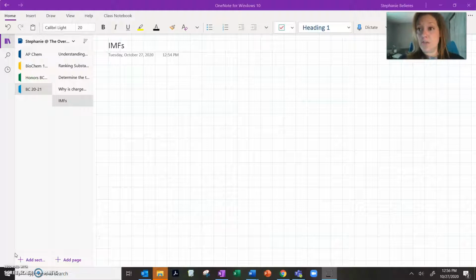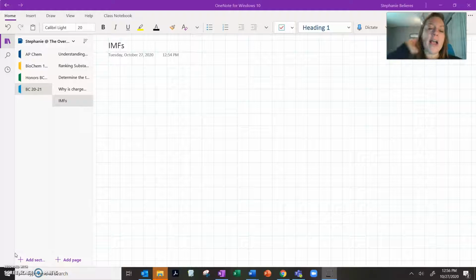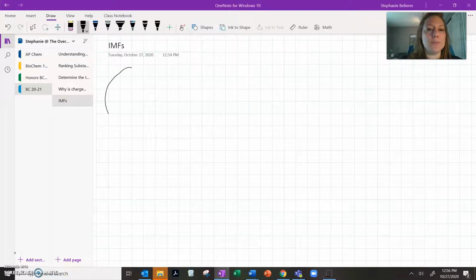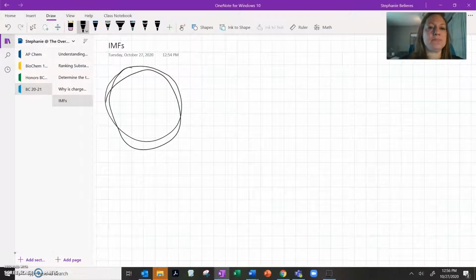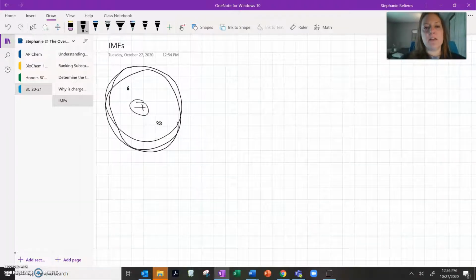Okay, so let's back off a second and talk about the different types of intermolecular forces. If I have a molecule, let's say helium, I have a nucleus in here and I've got two electrons. I'm going to define a space around that nucleus where those electrons are moving, and they're really moving randomly around in that volume of space.